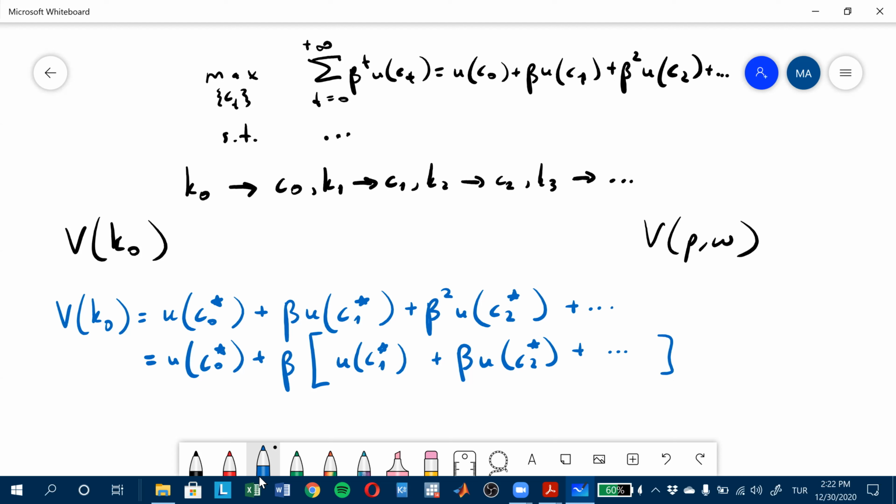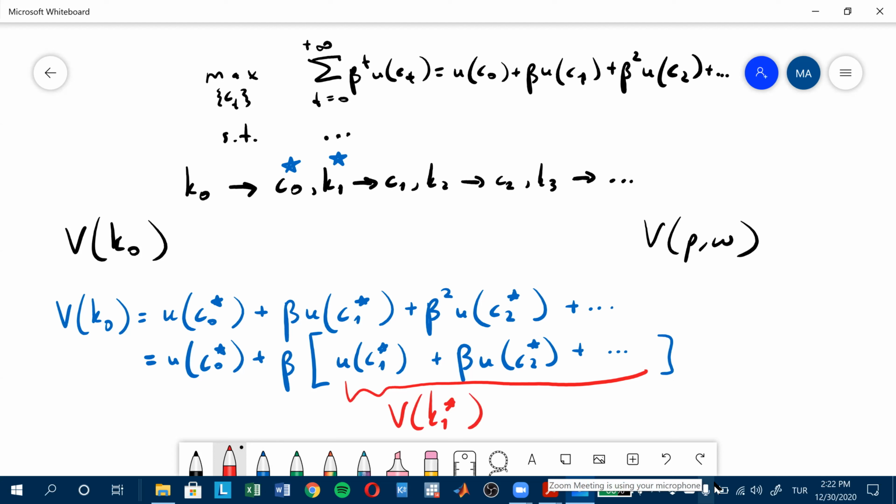So if I choose C0 optimally, I'm also choosing K1 optimally, right? But this is just V(K1*).